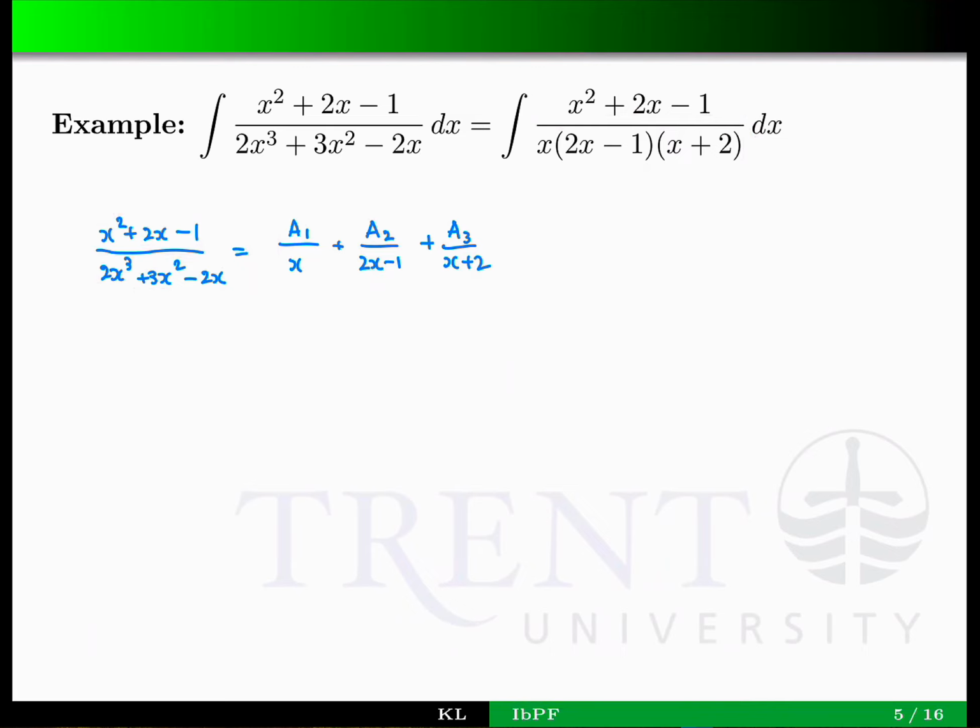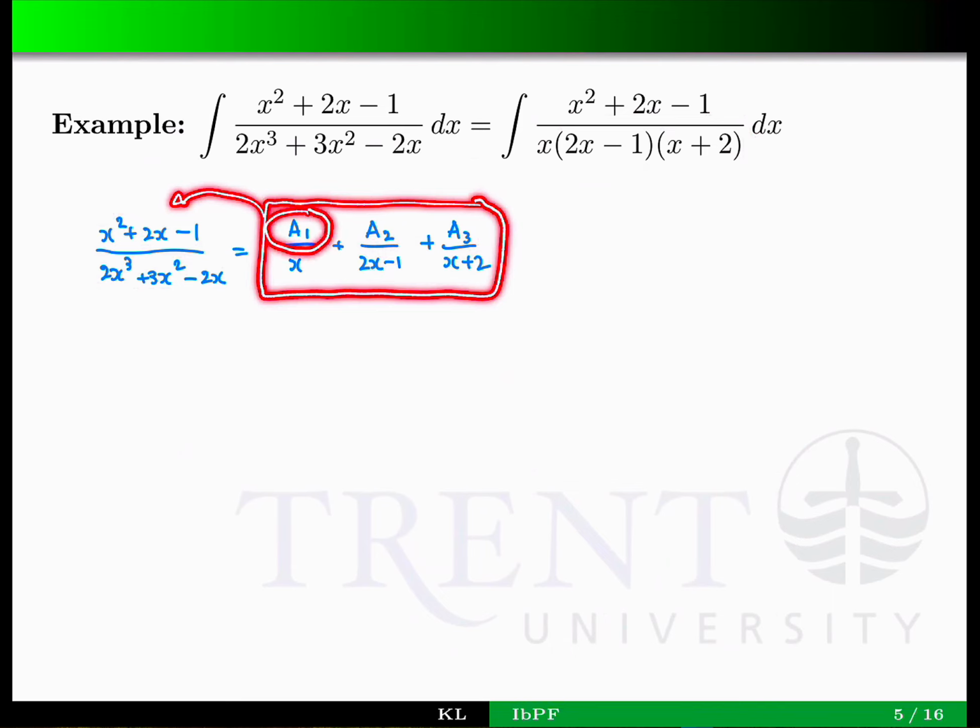Now, the problem here is how do we get A1, A2, and A3. In order to do this, what you need to do is to combine this into a single fraction, but with the use of A1, A2, and A3.